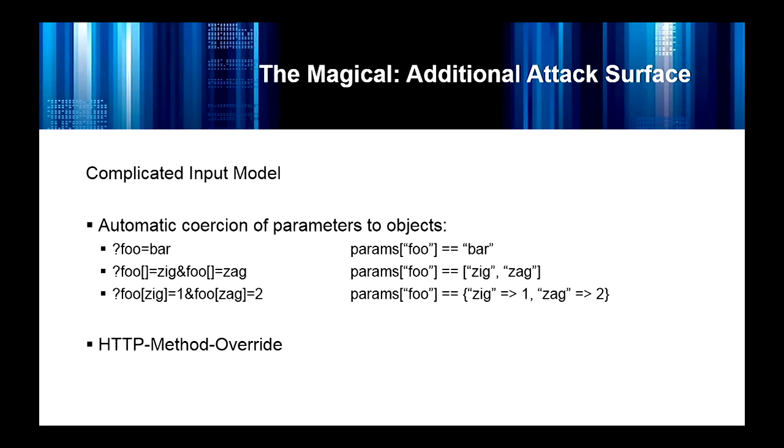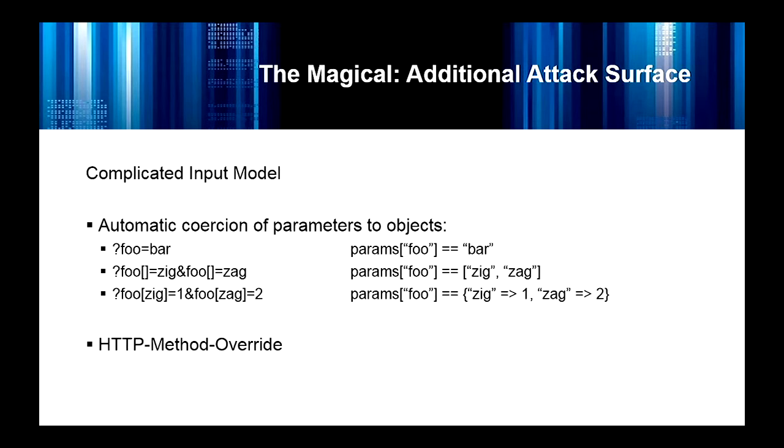So to accomplish this, they added the idea that you can pass an extra parameter or an extra header that says, even though this is an HTTP POST request, treat it like a GET request. And as far as the application is concerned, it sees a GET request. As far as the code you as a developer are writing, it sees a GET request.